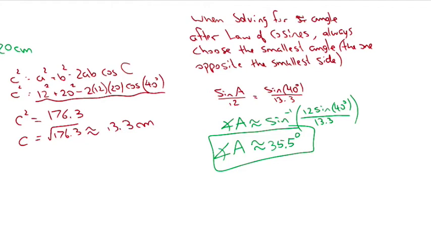So if we had solved this setup over here, what's 104.5 minus 180? 75.5. We would have found that B was 75.5.